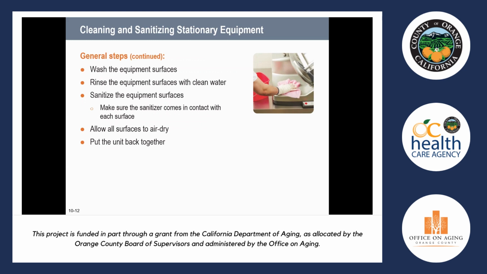Wash the equipment with the correct cleaning tool, such as a nylon brush or pad, or a cloth towel. Rinse the equipment surface with clean water. Use a clean towel or other correct tool. Sanitize the equipment surfaces. Make sure the sanitizer comes into contact with each surface. The concentration of sanitizer must meet all requirements.